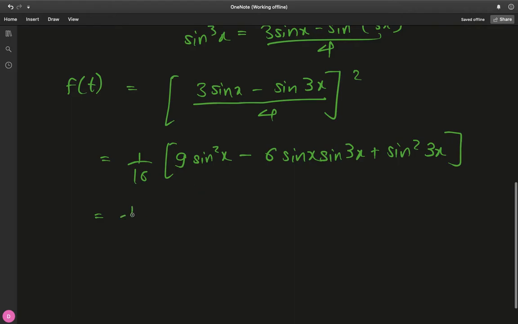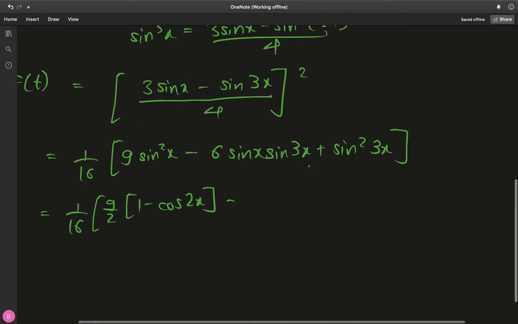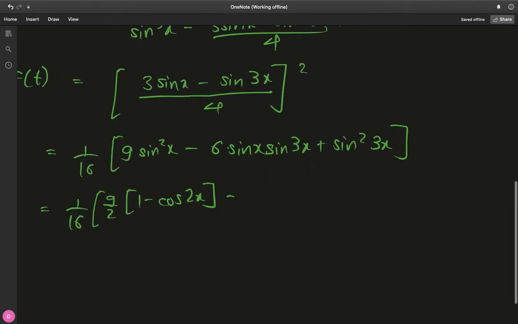Now I want to use the double angle formula for the cosine to simplify this sine squared further. So now we have 9 over 2 times (1 minus cosine 2x) in place of sine squared, minus, I'm going to use 1 2 from the 6, so we are just left with 3, and we have 2 times sine x times sine of 3x.